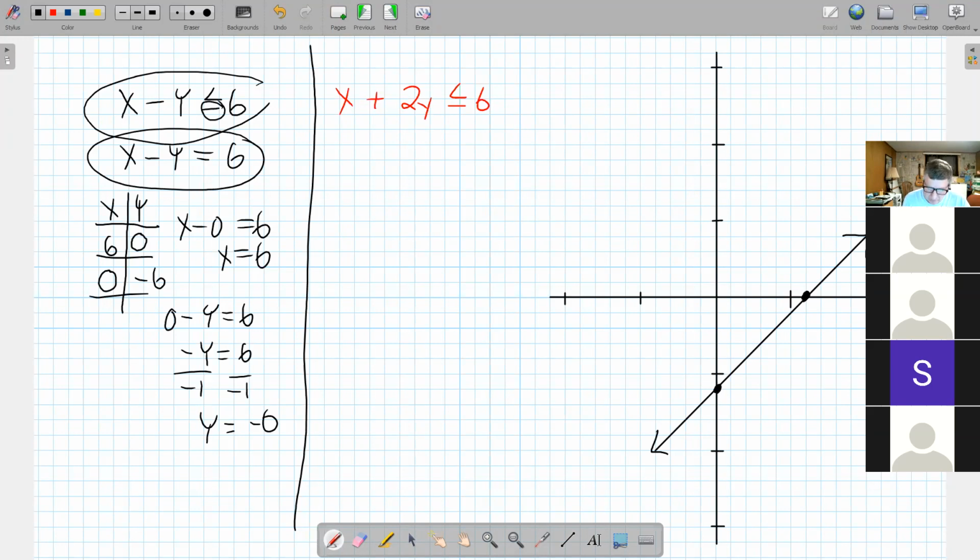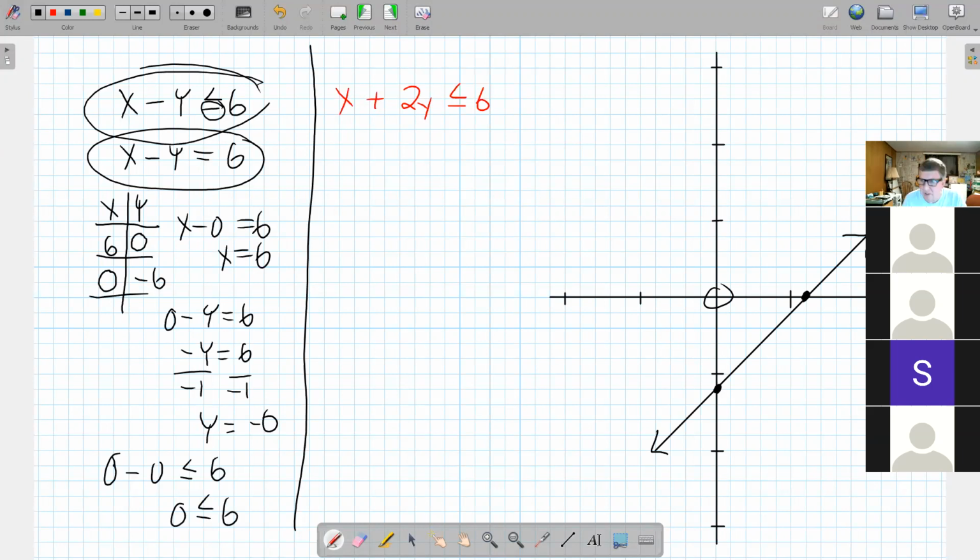Now, I need to use a test point. Since I haven't solved it for y, I don't know immediately which side of the line it's on, so I need to use a test point. I need to pick a point that's not on the line. If 0, 0 is not on the line, that's always a good test point. So I'm going to pick 0, 0. So if I plug 0, 0 into that, I get 0 minus 0 less than or equal to 6.